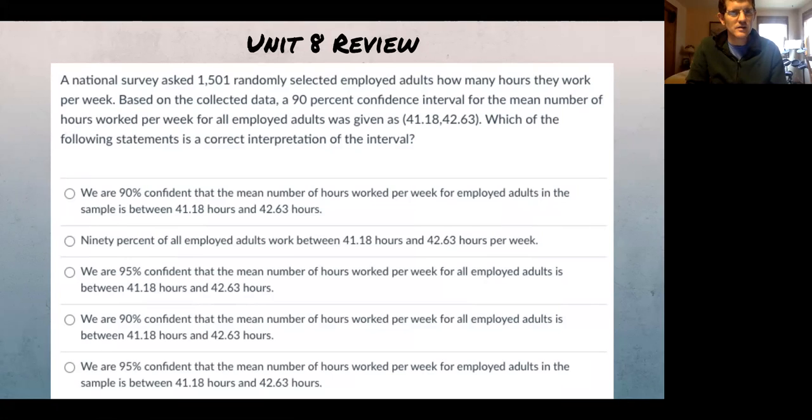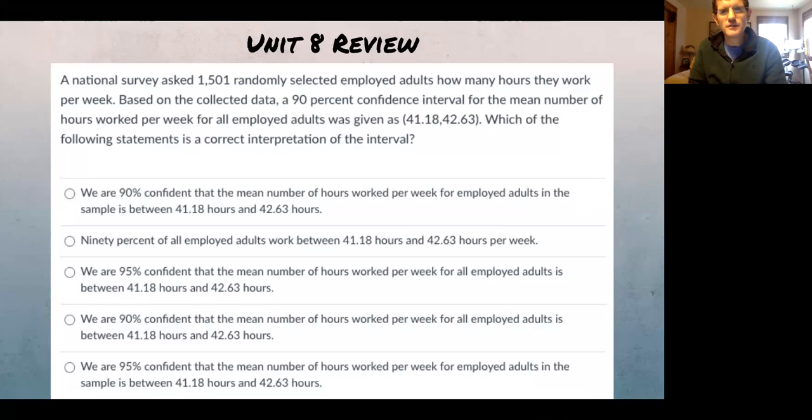Just before I look at the answer choices, there are different ways we could describe this, but one way is if we had repeated samples from the population, 90% of our confidence intervals, well, actually, I'm describing confidence level with that one. So let's just focus on this interval. We'll come back to what I was talking about in a minute.